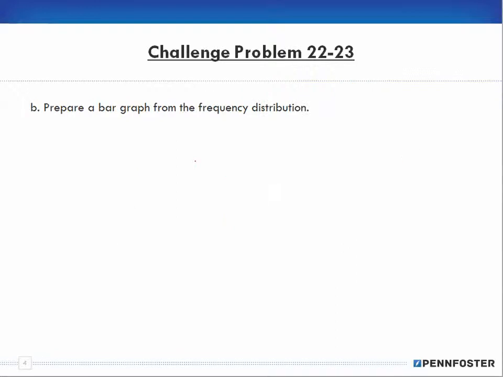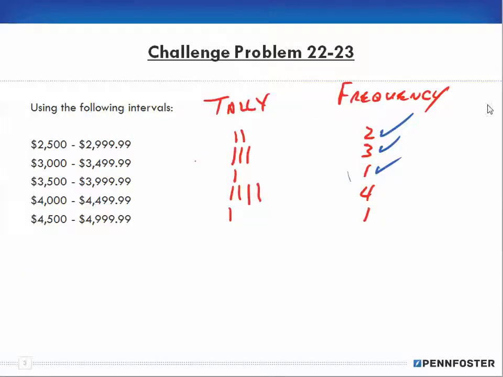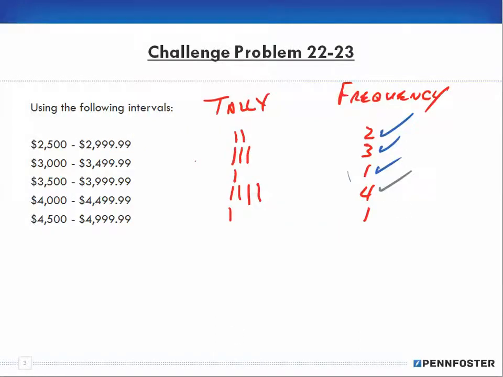Between 4,000 and 4,500, I would have had 1, 2, 3, 4, and so that would have given me the 4 there. And between 4,500 and 5,000, I would have had my 1 right there. That's how I would have done it myself, to know what the frequencies were. The tally is just an intermediary step for you to figure out exactly what the frequency is.